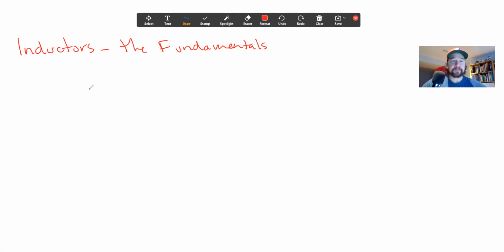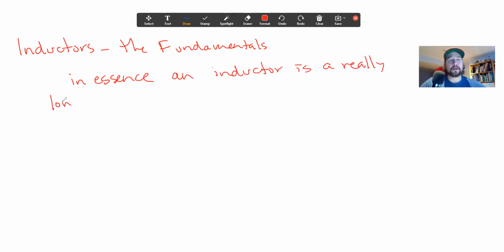Okay, so in essence, an inductor is a really long insulated wire, and this is important, I'll explain why.